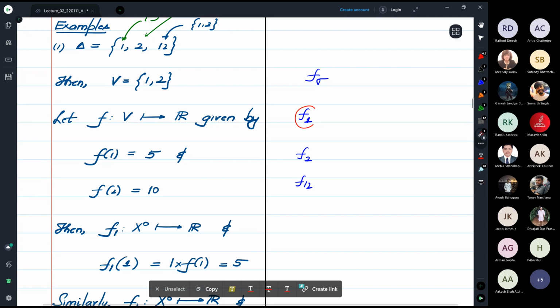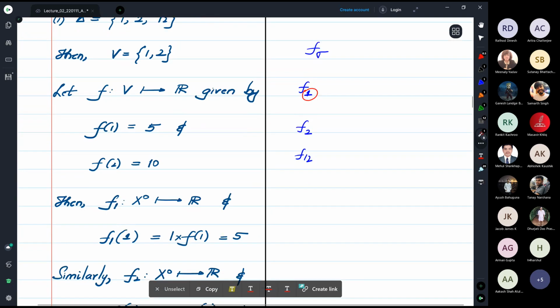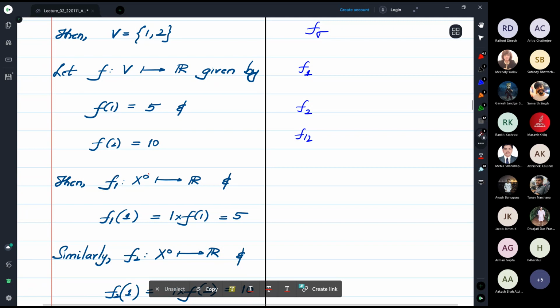So what is f_1? Since this is a zero dimensional face, f_1 will go from X_0 to R. Recall from our earlier discussion that X_0 only consists of this single point, which is 1. So we have to define this function only for this input.